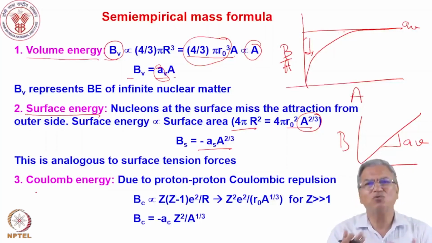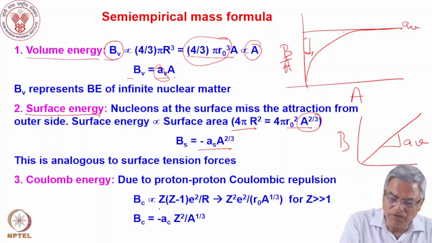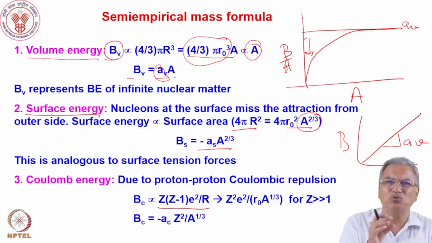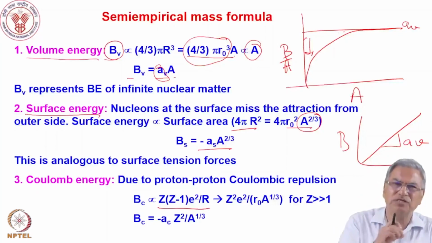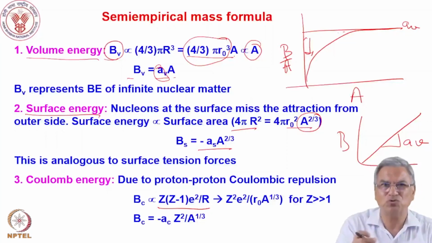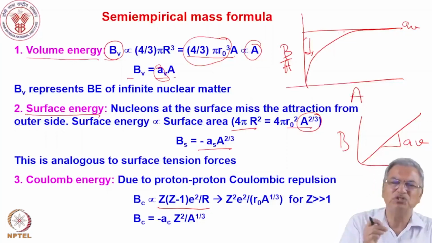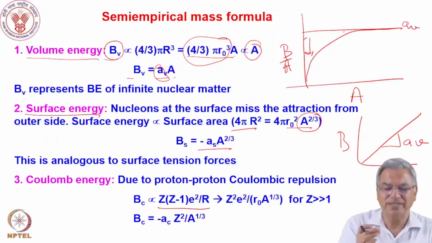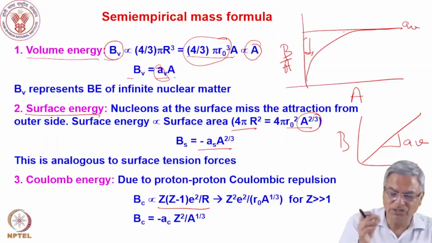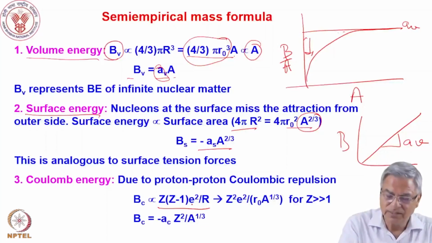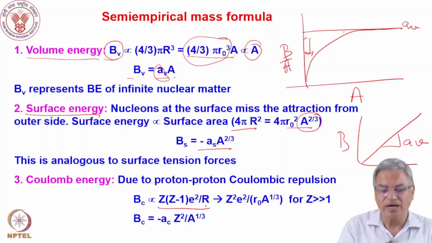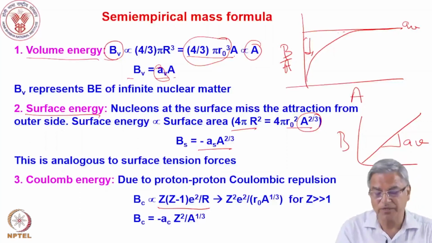Now how to calculate the Coulomb energy? Suppose there are Z protons, each proton will interact with the remaining Z minus 1 protons. So the Coulombic energy of a sphere containing Z charges is Z into Z minus 1, e squared upon R, where R is the radius of the sphere.